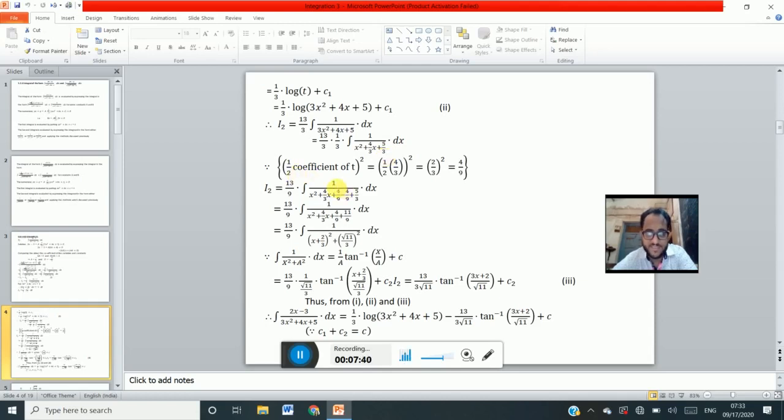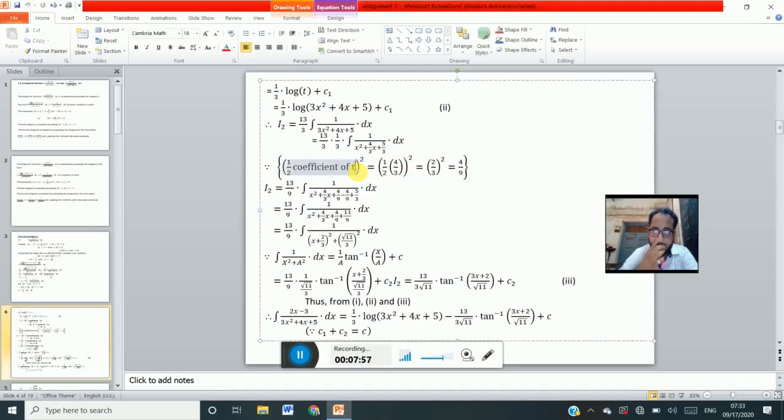This is the second step: 1 by 2 into the coefficient of x, whole square. What is 1 by 2 into the coefficient of x? That is 4 by 3, whole square. What do we get then? 4 by 3 whole square means 16 by 9, into 1 by 2, that is 2 by 3 whole square, equals 4 by 9.